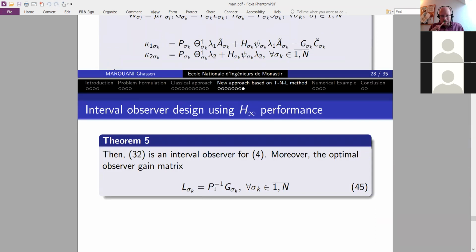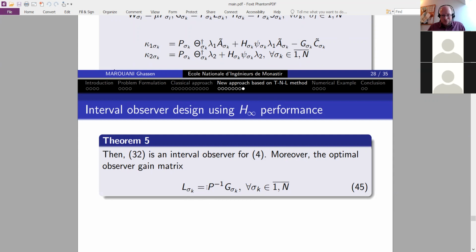Yes, you are right. It's a fault of inattention. I did not pay attention when writing this expression, but the right expression is that the matrix P depends on sigma Q. In the stability analysis I used a multiple Lyapunov function based on the lemma which I introduced at the beginning of the presentation.